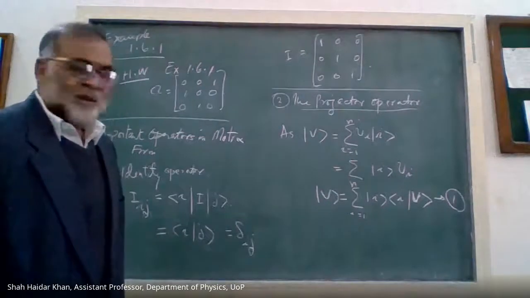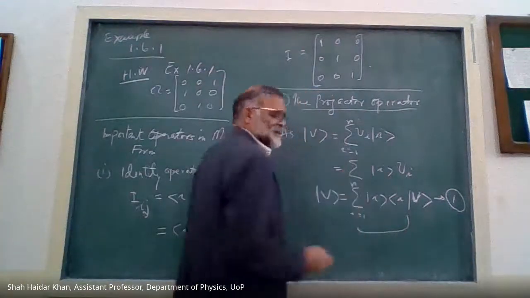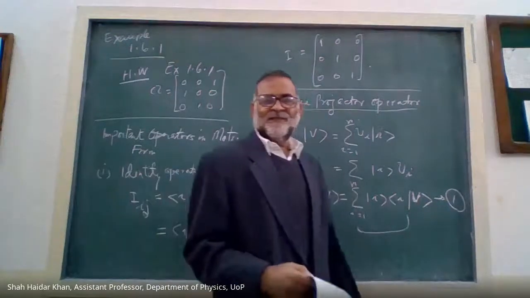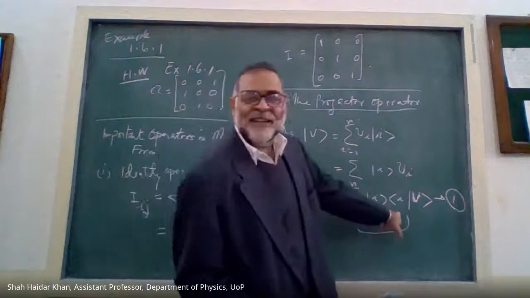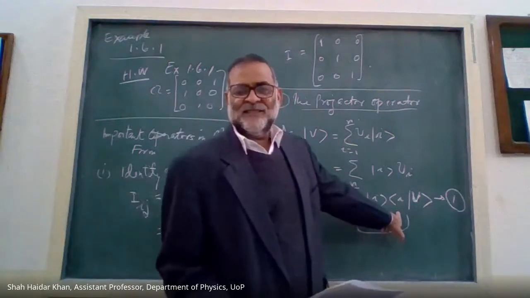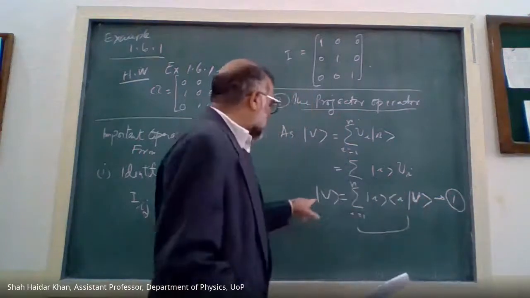Look at this: vector V is equal to something multiplied by the same vector. So something acting on the vector V is giving you the same thing.